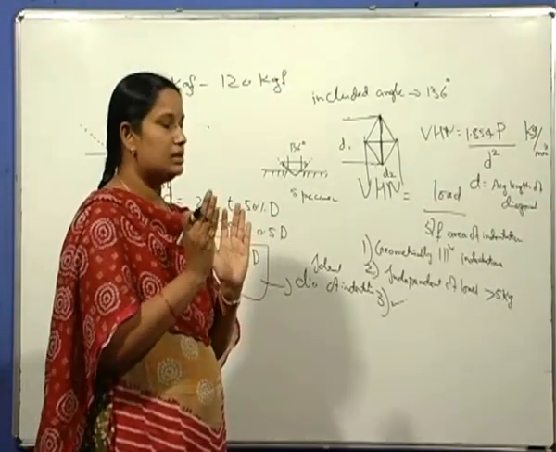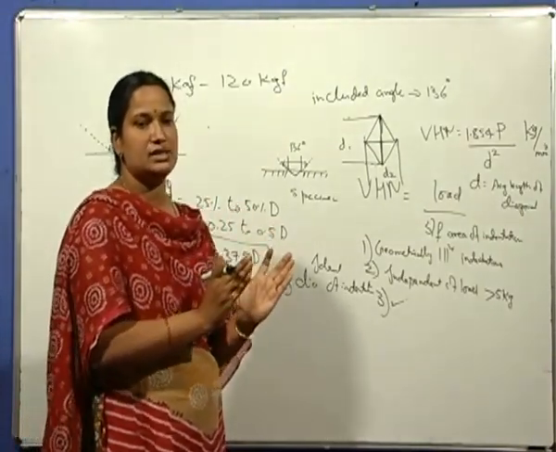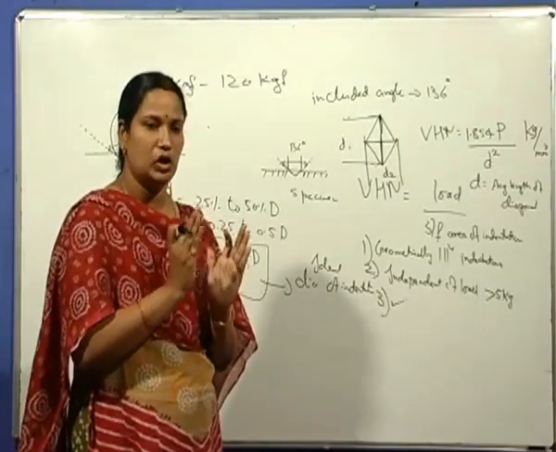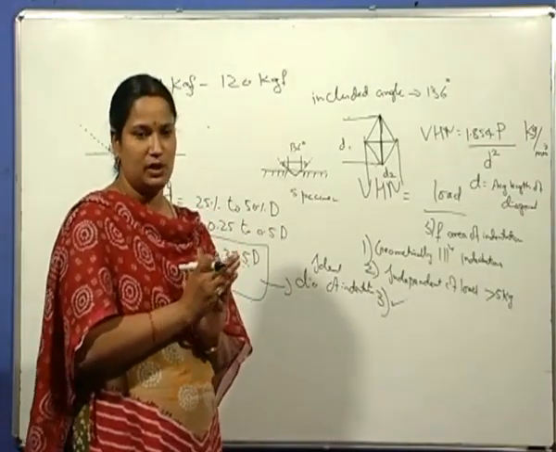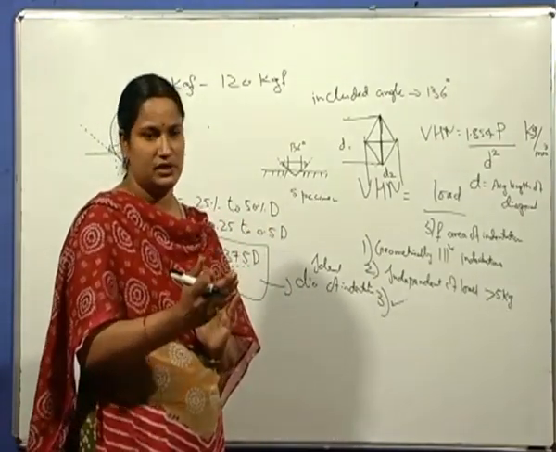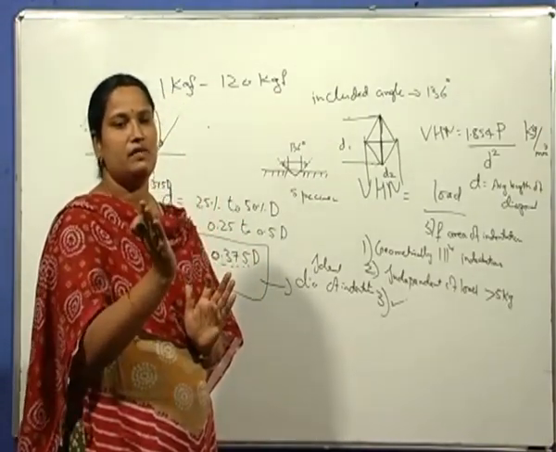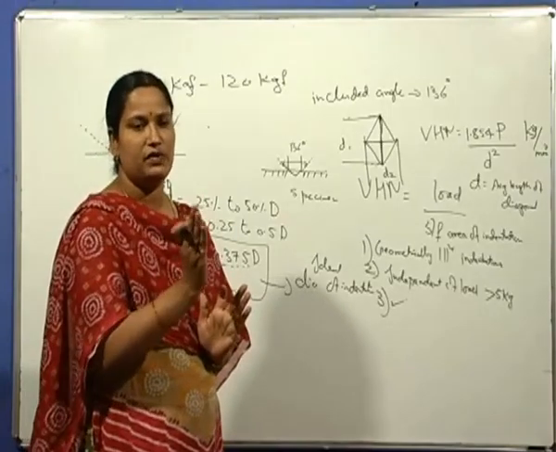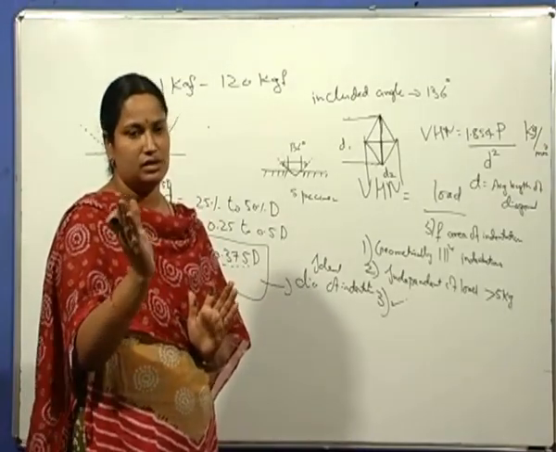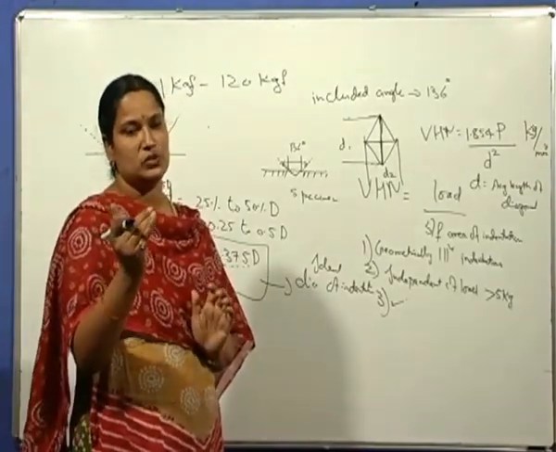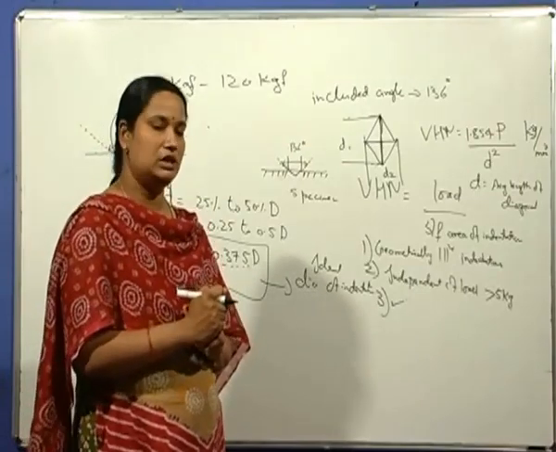So this is the similarity between the Vickers and Brinell hardness, which can be obtained up to hardness values of 300, beyond which the Vickers hardness keeps on increasing, whereas the Brinell hardness deviates from Vickers and the hardness values are lowered beyond 350.